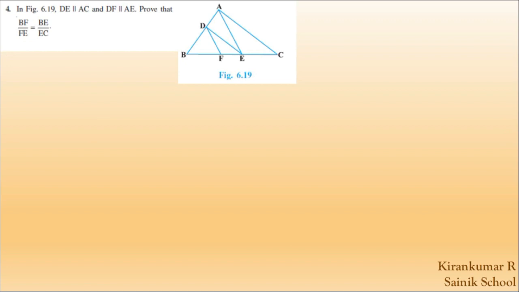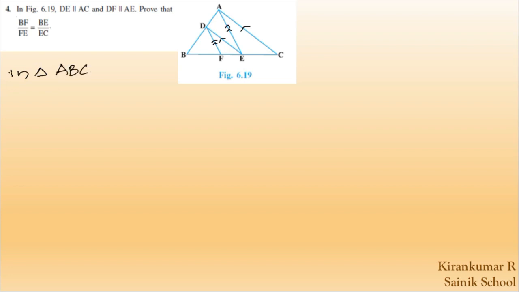Let us consider question number 4. In figure 6.19, DE is parallel to AC and DF is parallel to AE. Prove that BF upon FE equal to BE upon EC. Now I'll consider separately the triangles.